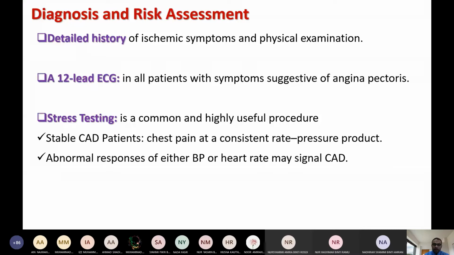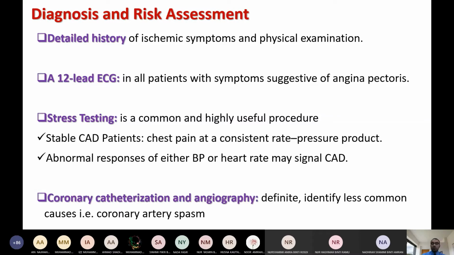Okay, abnormal responses during the stress testing, in terms of the heart rate and then the blood pressure, give a signal that there is coronary artery disease and ischemia may be going on.